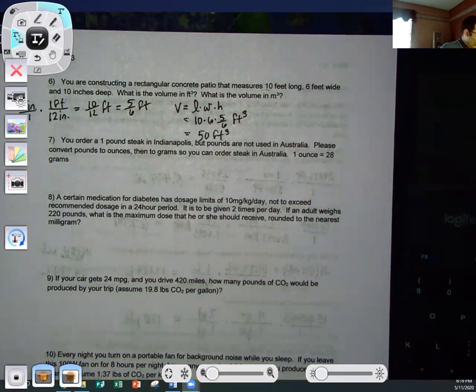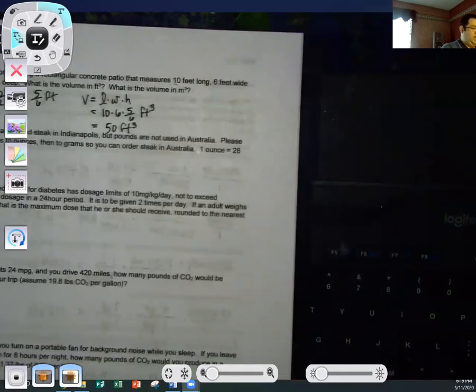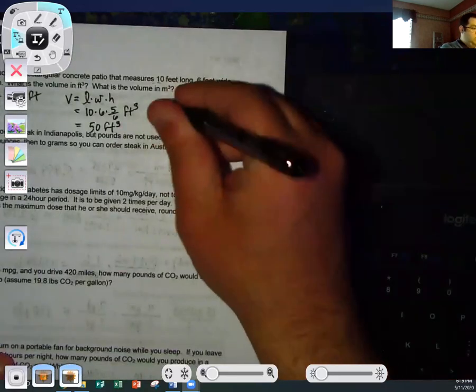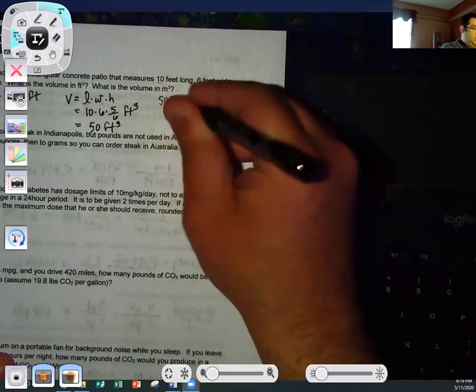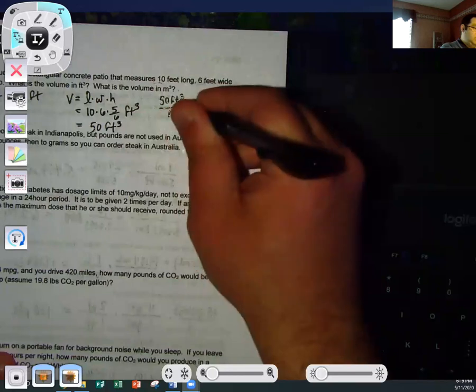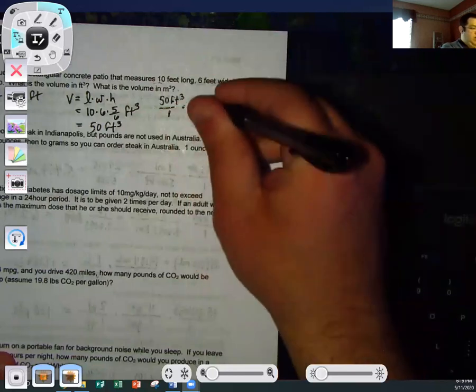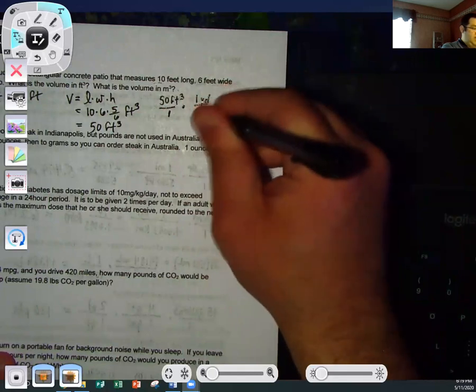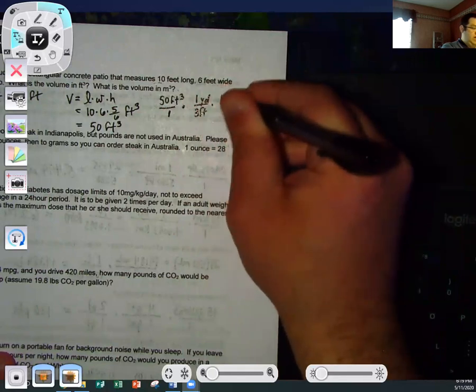Well, we don't have a direct conversion from feet to meters. We do have a conversion from meters to yards. So that's the direction that we're going to have to go in here. So I would take my 50 cubic feet and I would multiply it by 1 yard over 3 feet 3 times.